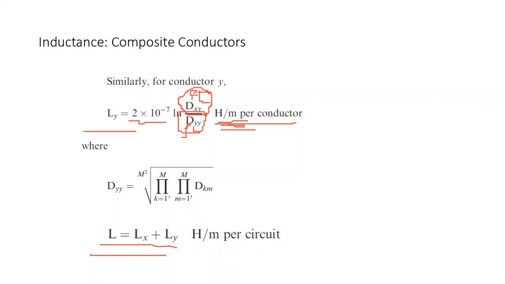So we have 2 conductors, X and Y. These are only single phase, by the way. If we have 3 phase, we also need to calculate the inductance. That's what engineers do. You need to calculate the inductance beforehand, offline, and then you put it on the software or the system that calculates the load flow.